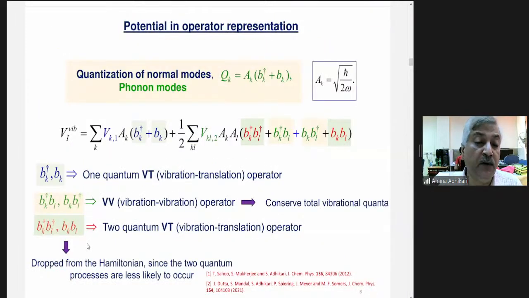Now you move to the second quantization because you have a normal mode, and since the normal mode you can write in b_k dagger and b_k, these are bosonic operators. Since normal modes are basically harmonic oscillators, we know the excitation and de-excitation in a harmonic oscillator are bosonic and follow the boson commutator, so therefore you can replace by the bosonic operators.